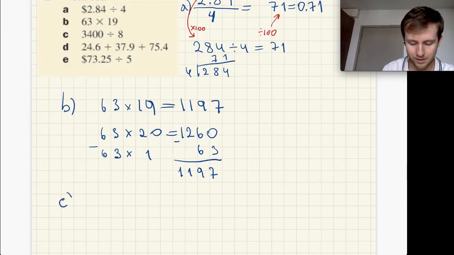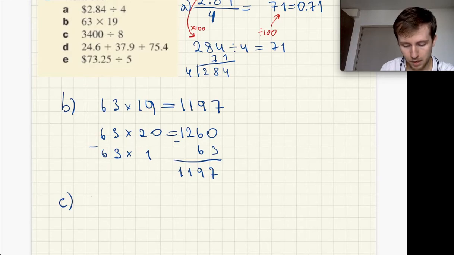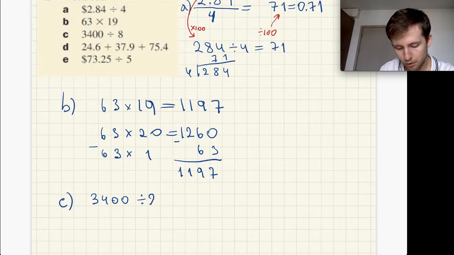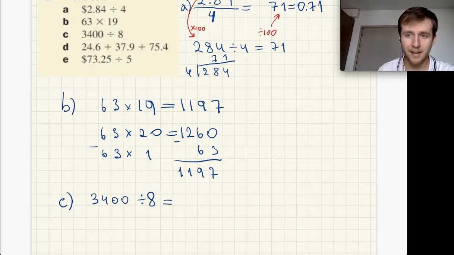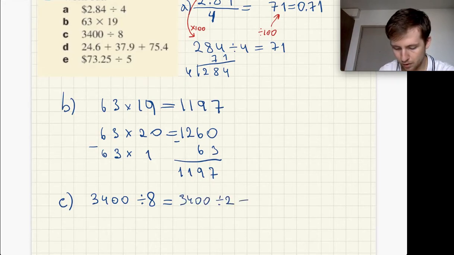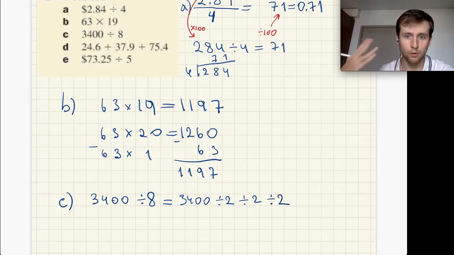Next we have C. So that's just a normal division, but because it's a division by 8, I'm writing what I'm thinking. Because it's division by 8, we can actually express it as division by 2 three times. So it's the same as 3,400 divided by 2, then divided by 2, and then again divided by 2. So then halved, and then halved again.